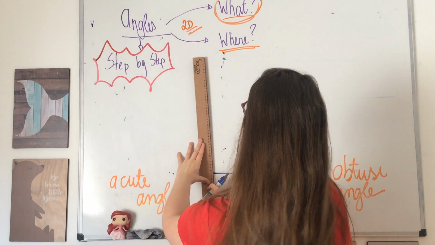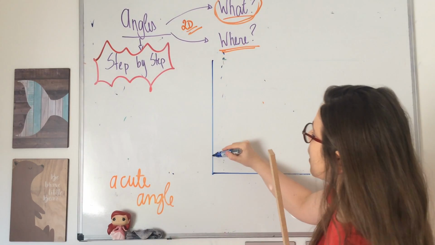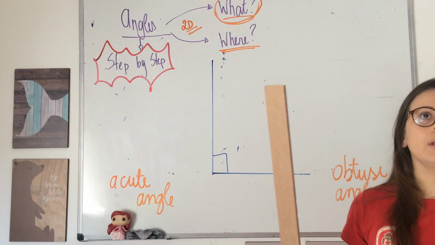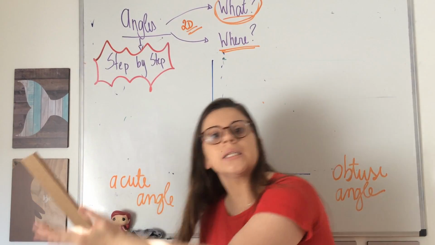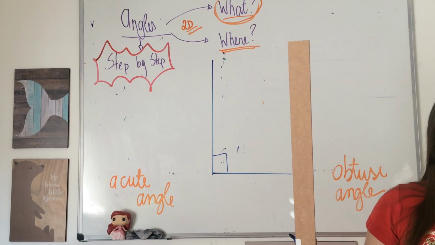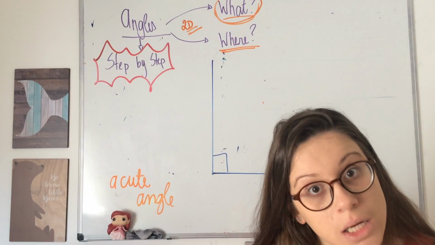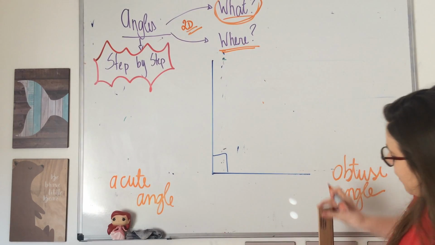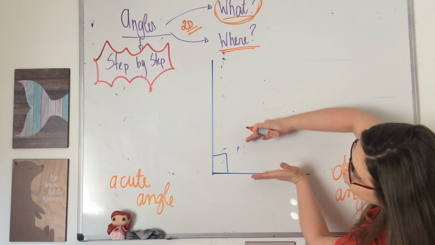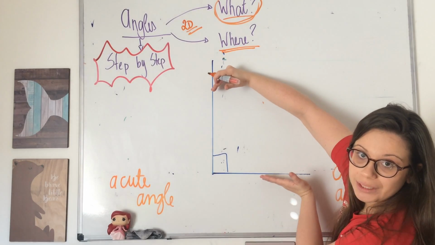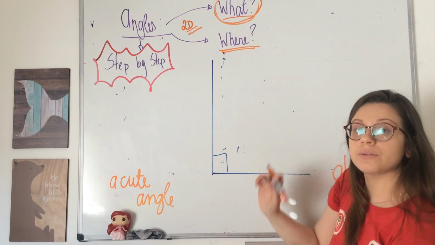So you always ask yourself, what kind of angle is this? Think about the right angle, and then ask, is it greater than the right angle, or is it smaller than the right angle? If we make an angle that is smaller, where the arms of the angle are closer, the distance between the lines is smaller, we are talking about an acute angle.